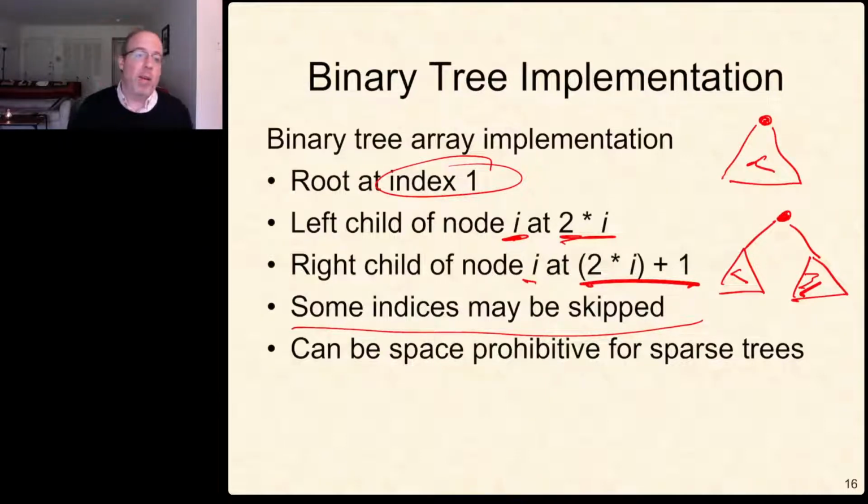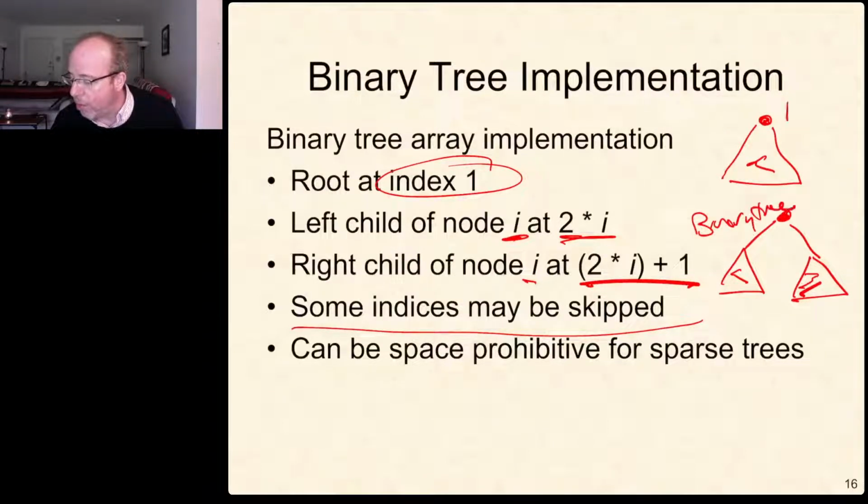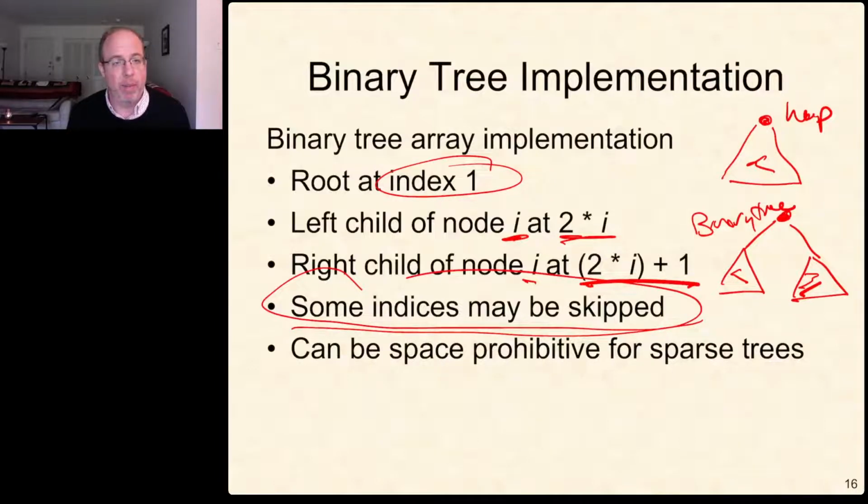Now it turns out when we have this constraint, so this is the binary tree constraint, this was the heap constraint. When we have the binary tree constraint and we insert a new node into an existing tree, there is only one place it can ever go, and it's not necessarily the place that would form a complete tree. And so in a binary tree, we may end up skipping some indices.